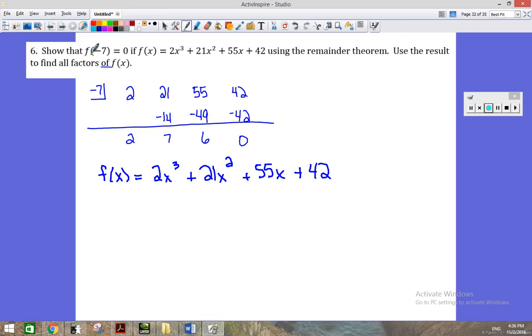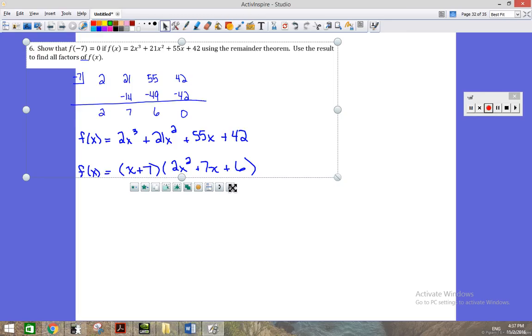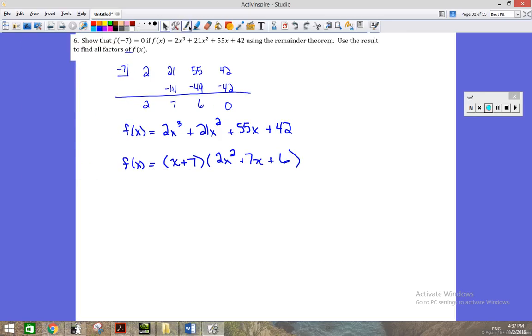But with this added information that they gave me and my knowledge of the remainder theorem and factor theorem, I'm able to argue that this factors to x plus 7, because in factored form you change the sign, and then here I have 2x squared plus 7x plus 6. Now we saw in that previous problem, sometimes I'll be able to factor this, other times I will not be able to factor it. All they want this time is the factor, so I don't have to set this equal to 0 and solve it.